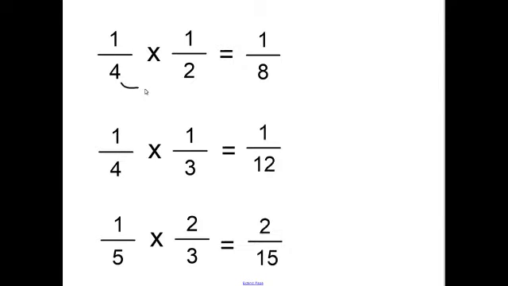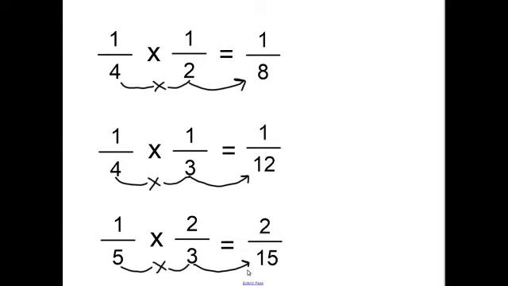So 4 multiplied by 2 is 8. Let's see if it works with the next one. 4 multiplied by 3 is 12. And the last one, 5 multiplied by 3 is 15, and that works.